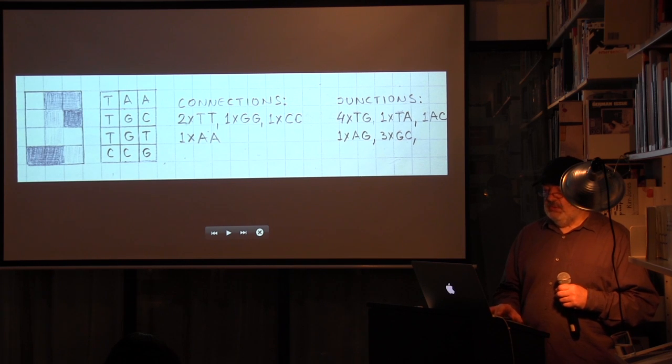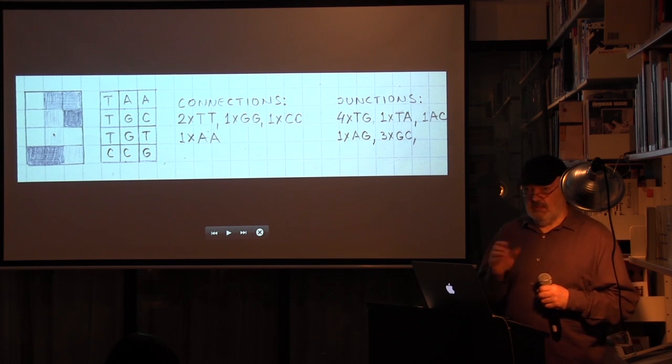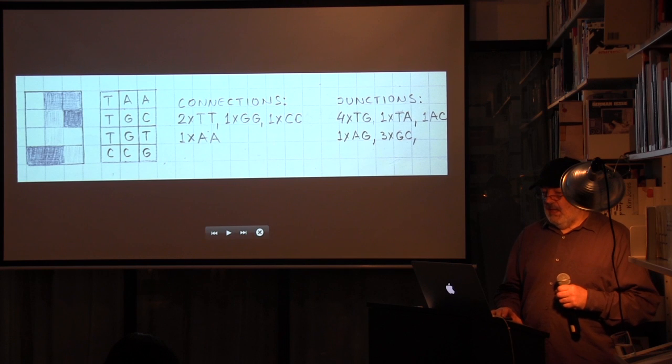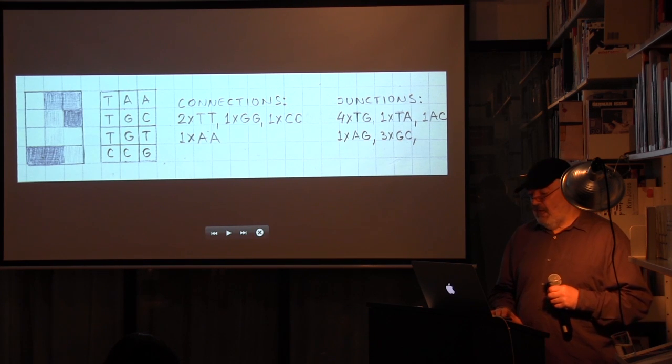So we have two TT connections. Or we have GG here. It is connected once. We have one GG connection. And here we have, I think, CC as one, and here is AA.